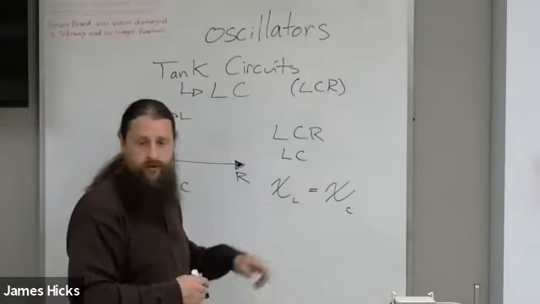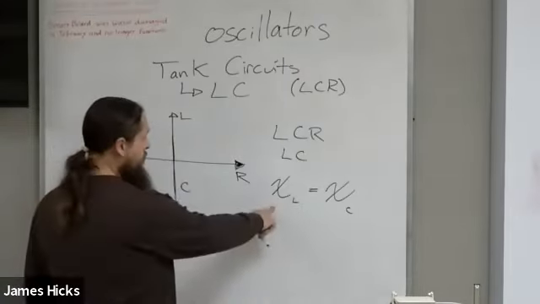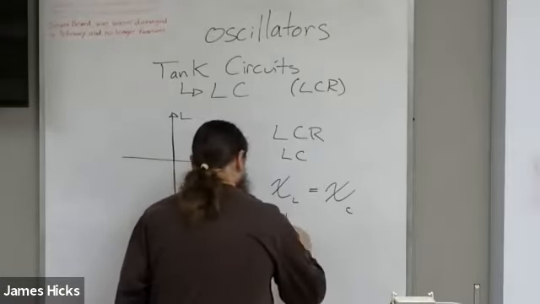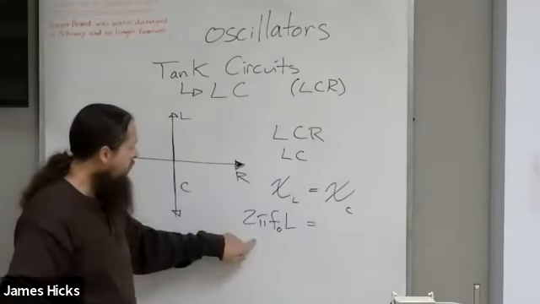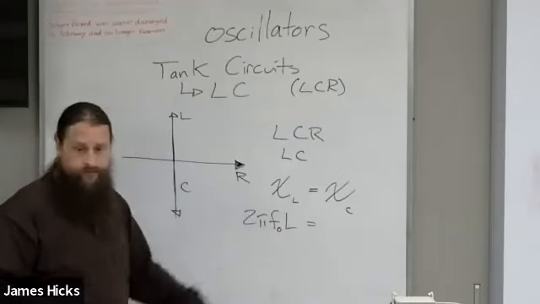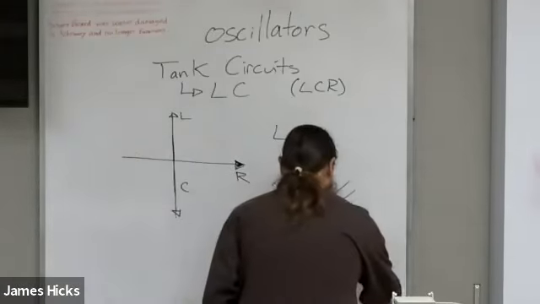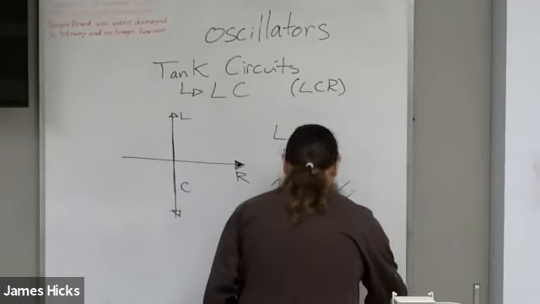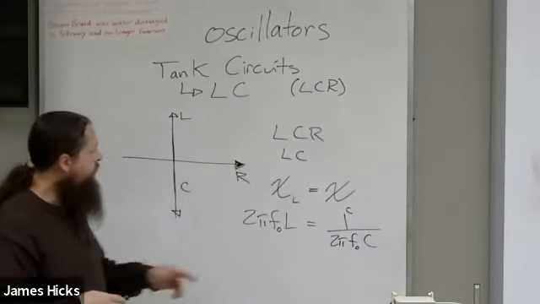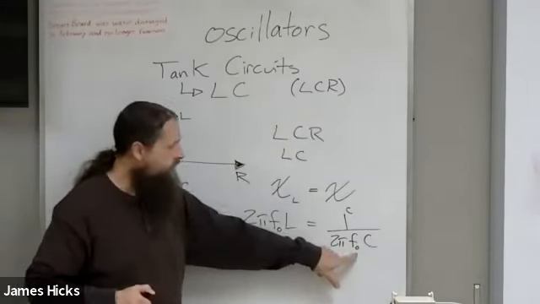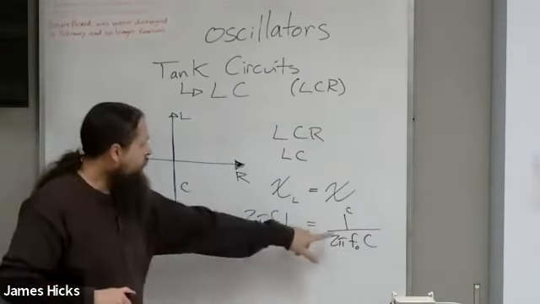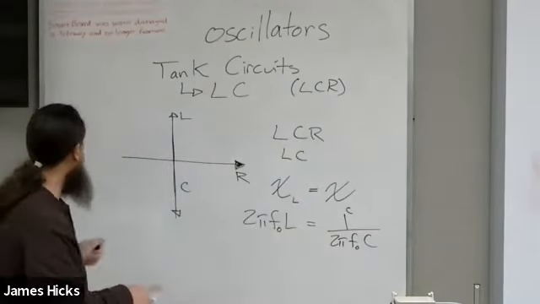So if you equate these two reactances, the inductor's reactance was 2 pi times this critical frequency times the inductance. The capacitor's reactance was 1 over 2 pi f naught C. So solve this for f naught.